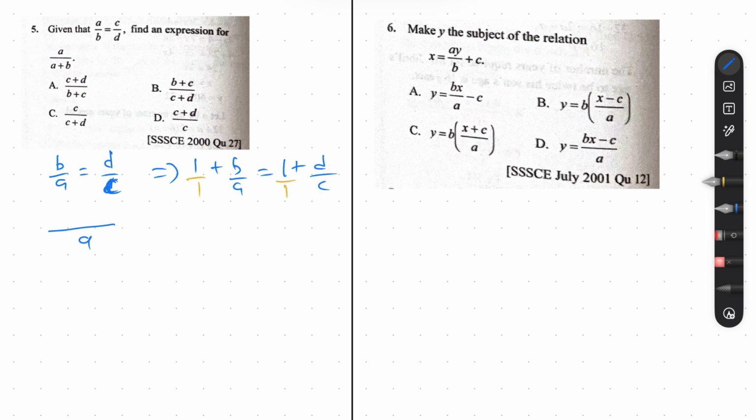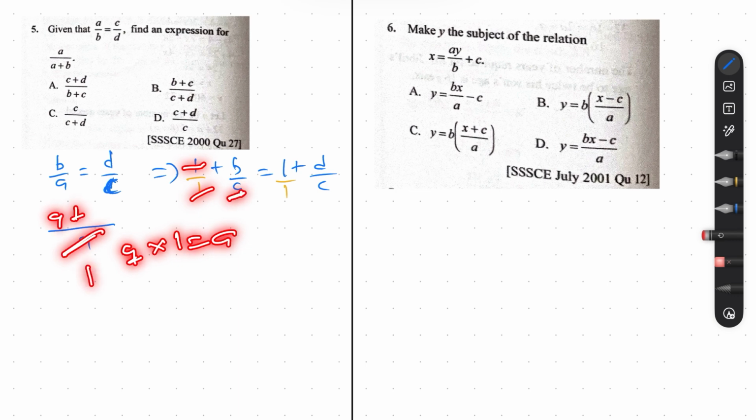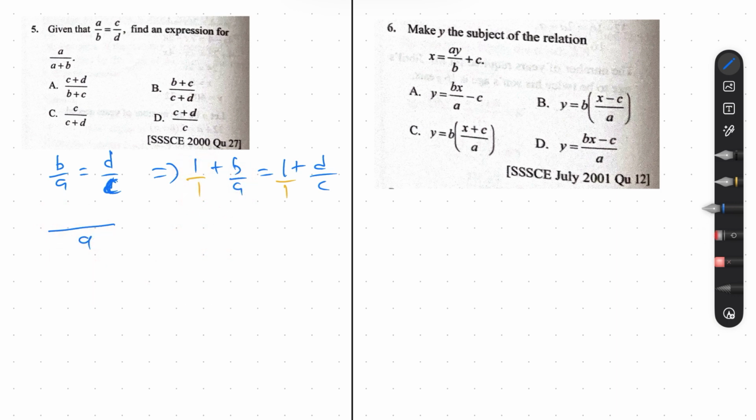So 1 goes into A times A, and this A times this 1 will give us A. So we put A here, plus A goes into A once, so 1 times this B. We're going to have A plus B is equal to the same thing for the right hand side.